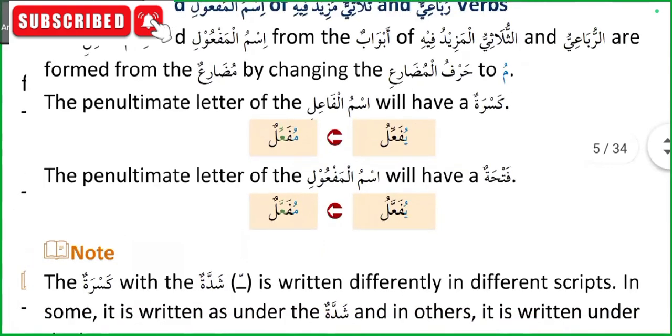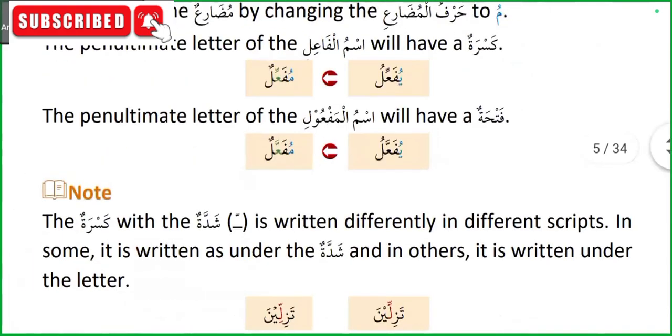Now we have a note here. The kasra with the shadda is written differently in different scripts. We know that he is writing the kasra below the shadda. We write the kasra below the letter and the shadda remains at the top. So this is the difference that he is explaining here.